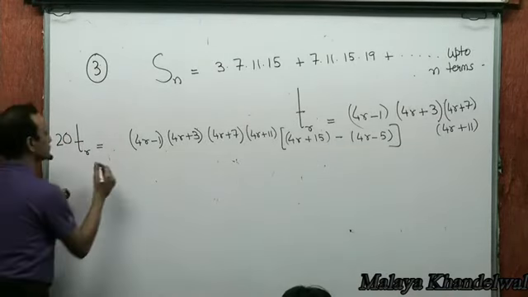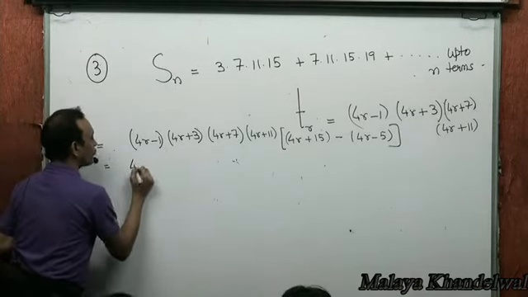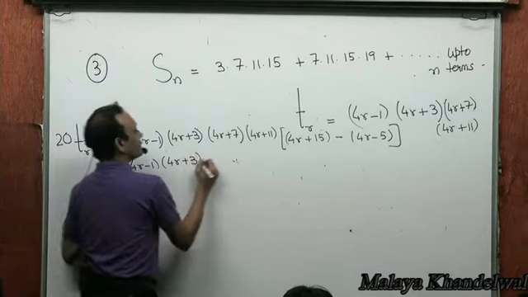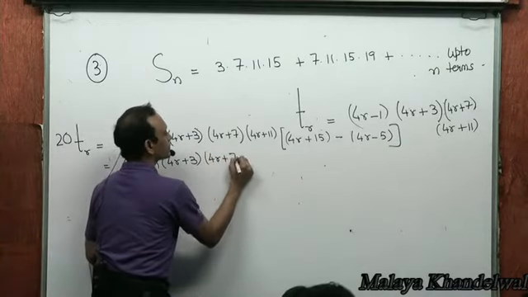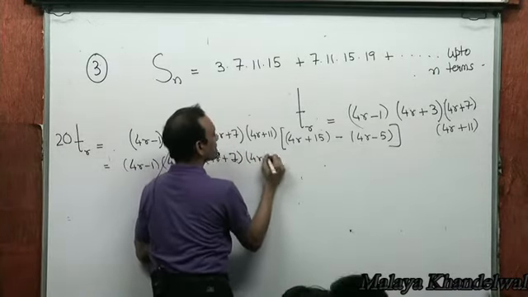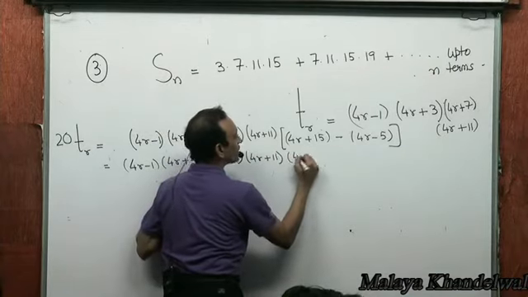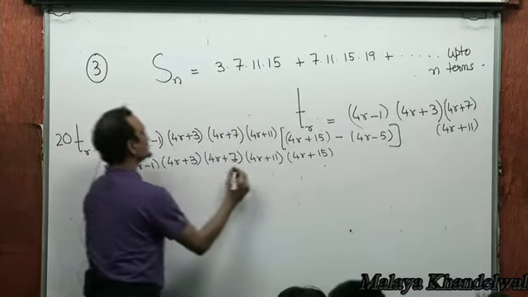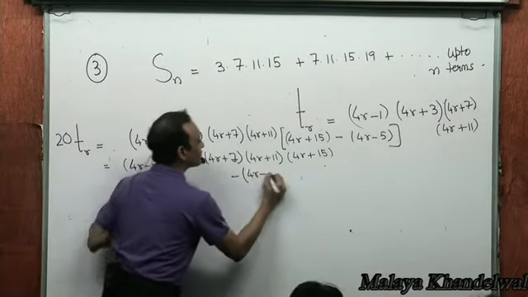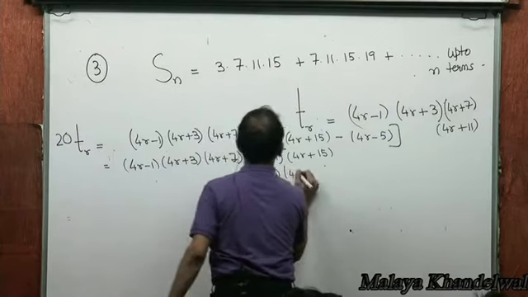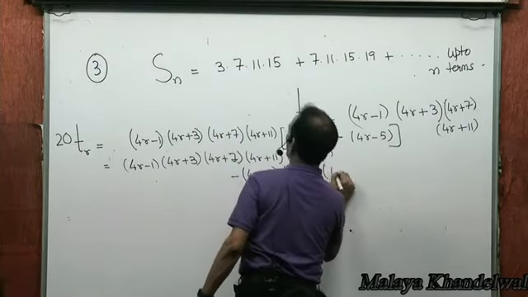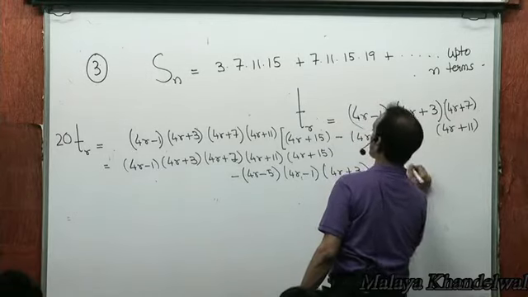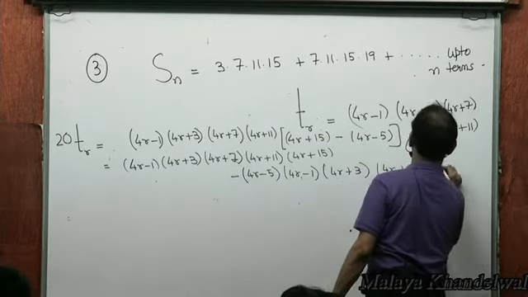Now, this is like 4r minus 1 into 4r plus 3 into 4r plus 7 into 4r plus 11 into 4r plus 15, minus 4r minus 5 into 4r minus 1, 4r plus 3, 4r plus 7, 4r plus 11. Yes or no?